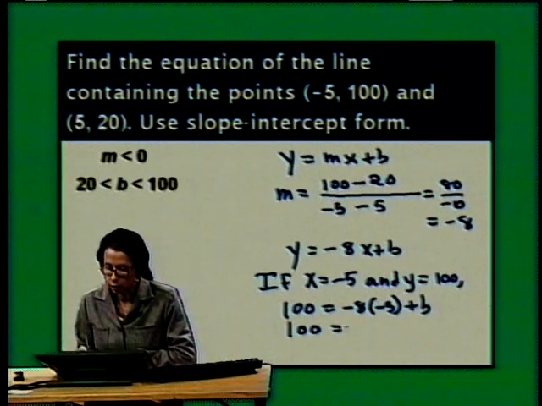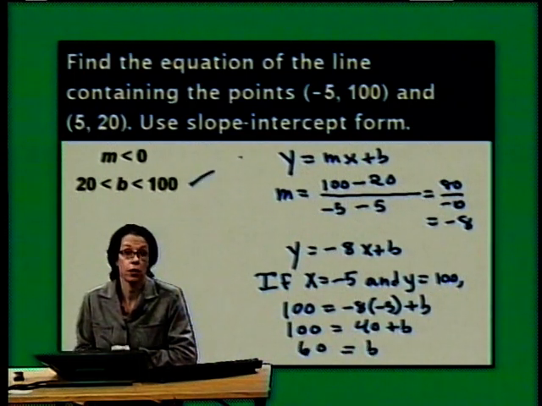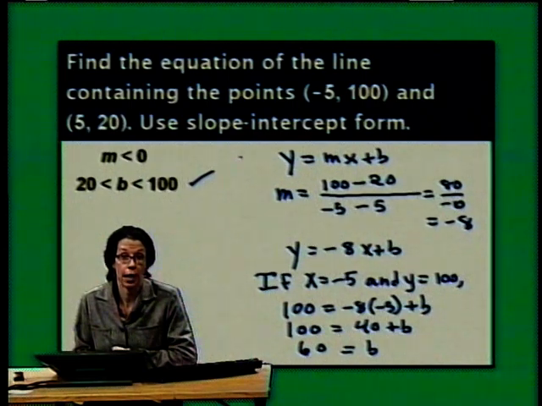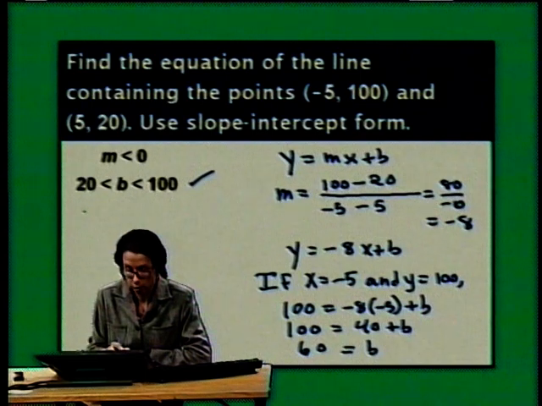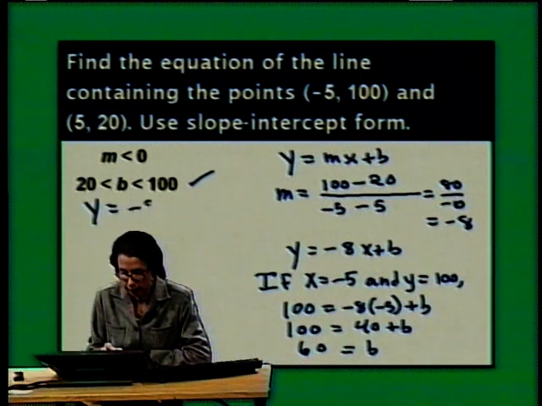So 100 equals 40 plus b, so b will equal 60. That's a number somewhere between 20 and 100. So my proposed equation is y equals negative 8x plus 60.